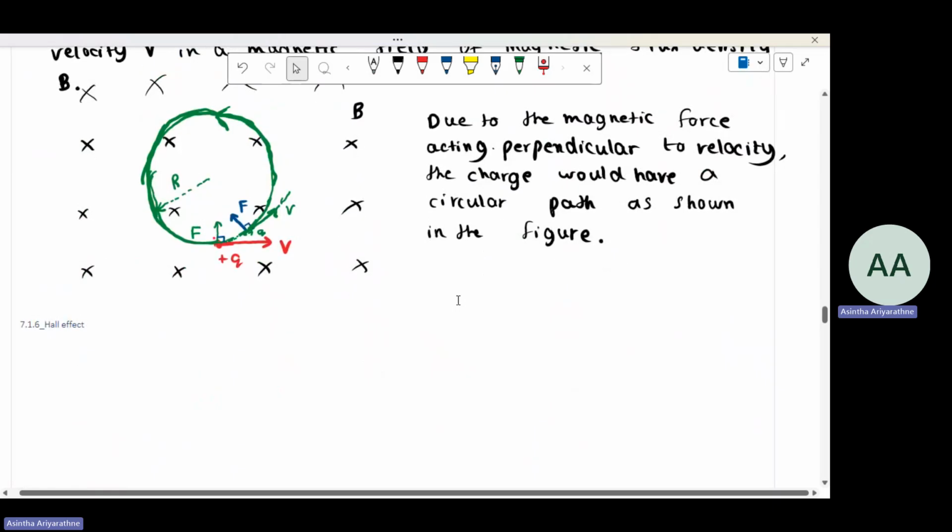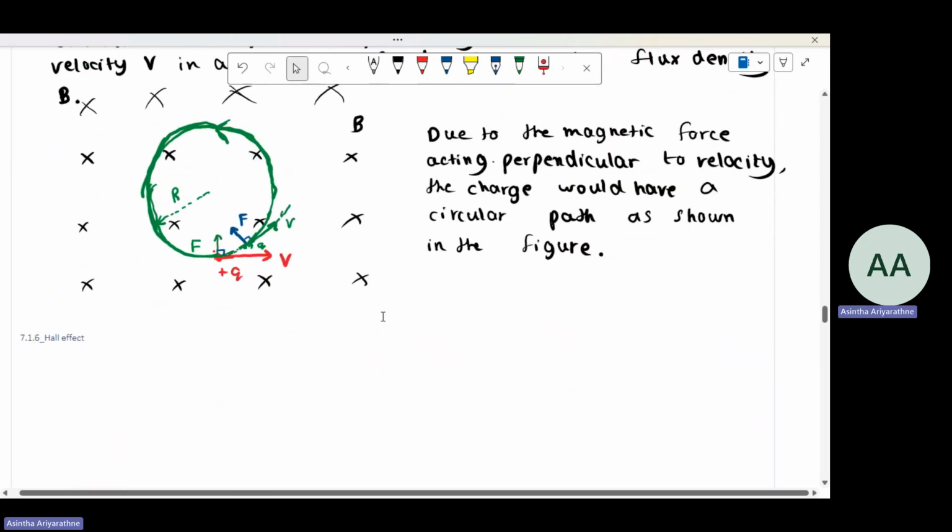So here we could see that when a charge travels in a magnetic field, the magnetic force is always acting perpendicular to the direction of motion.